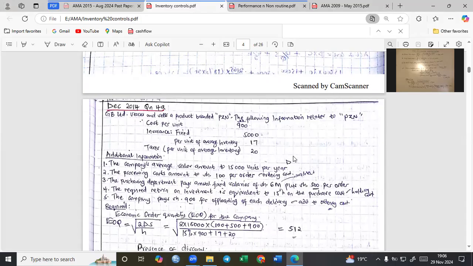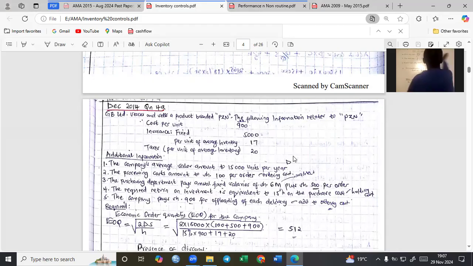GB Ltd stocks and sells a product branded PZN. The following information relates to PZN. Cost per unit 900, insurance fees 5,000. Additional information: the company's average sales amount to 15,000 units per year. The processing cost amounts to 100 shillings per order.